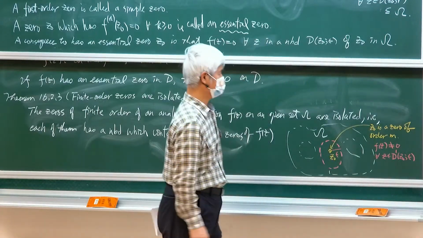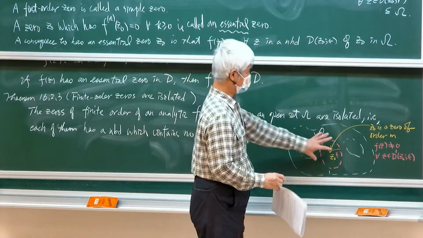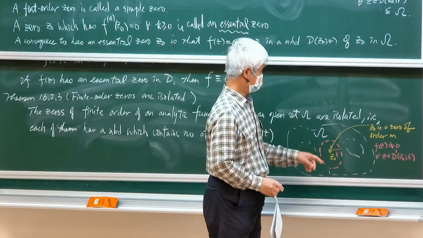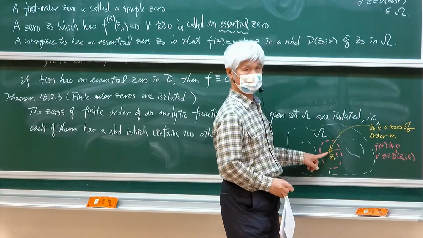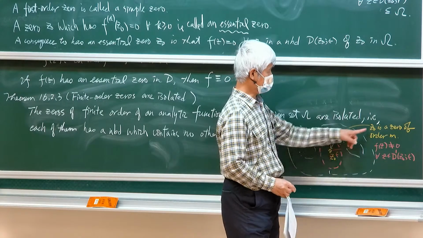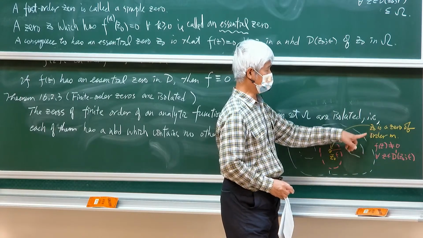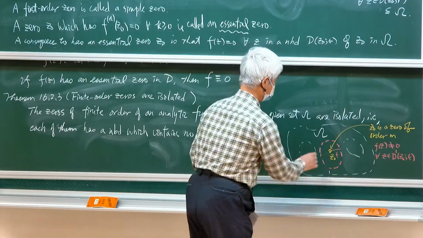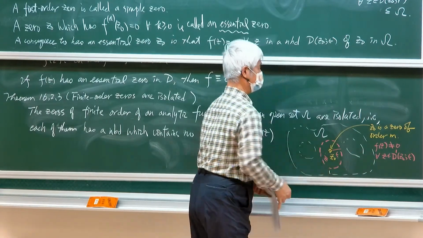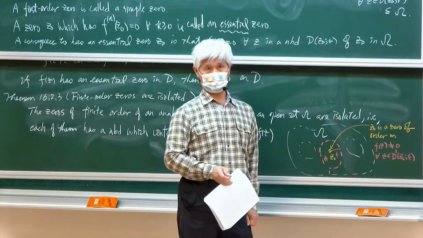Okay, so we can find a neighborhood, right? And when we puncture the center, because this center corresponds to a zero of order m, then for other z here, the function value will be non-zero.